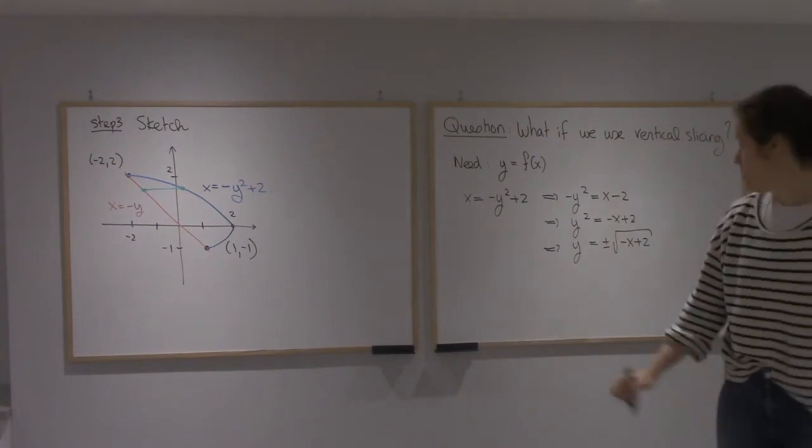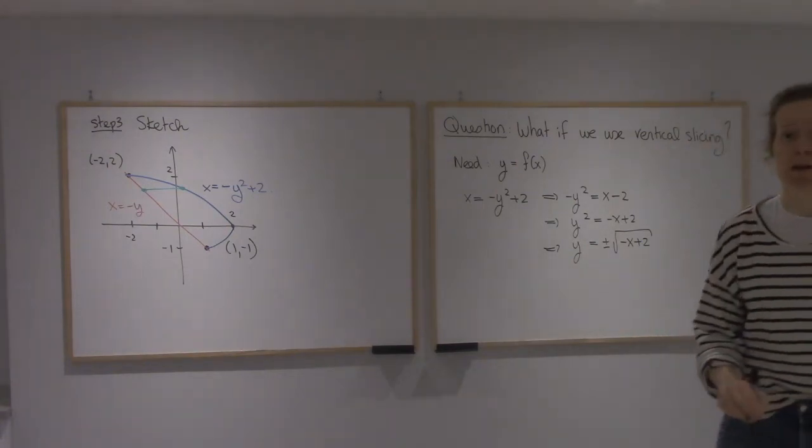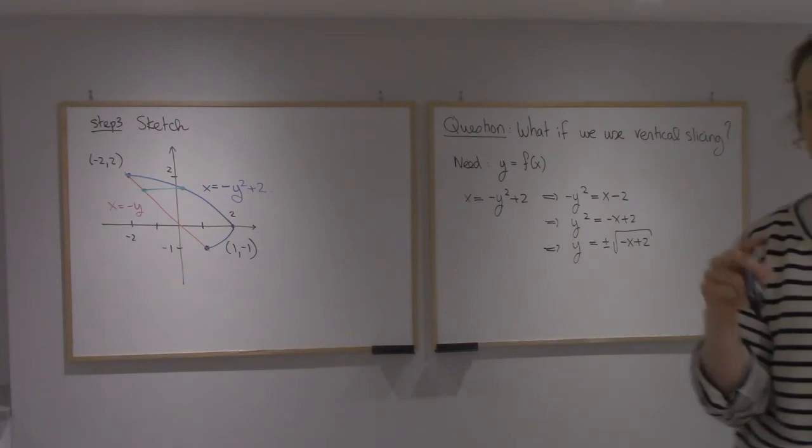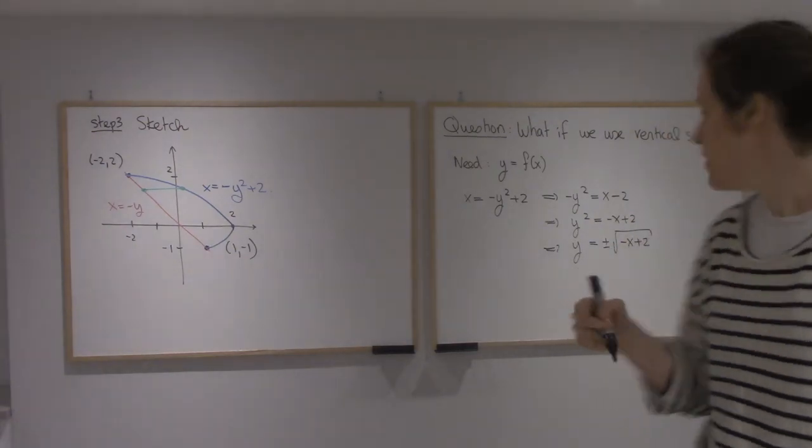In this case, don't forget the plus or minus when you get rid of a square. In this case, I don't have a single function. I have two of them.